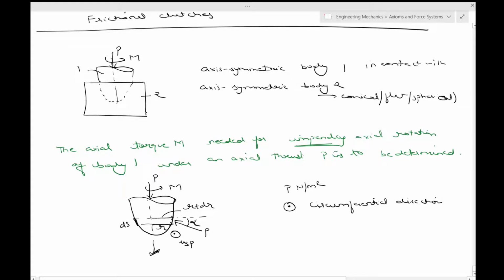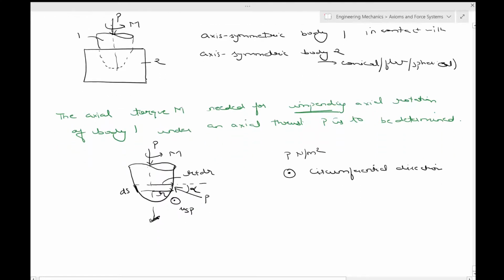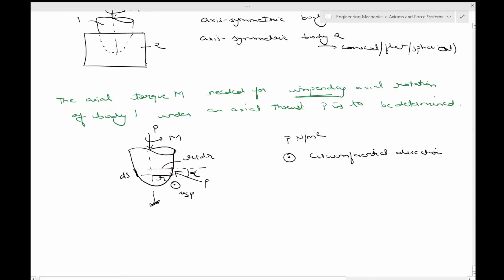Now in this case, if you want to write the equations of equilibrium, then the force P has to be equal to the integral over this small element. This would be P sine alpha into 2 pi r into ds, so the area would be 2 pi r into ds.